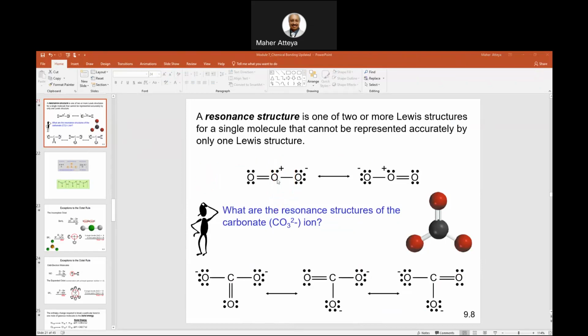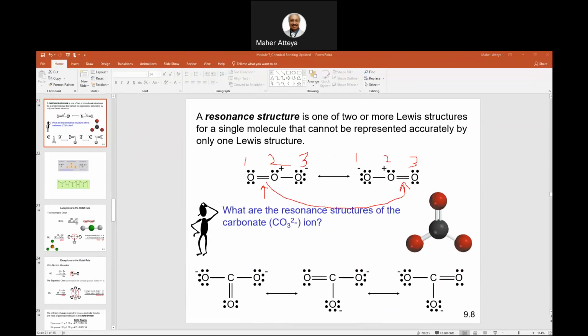Now, here is the same thing in a covalent bond. Here we have the same thing. Look at this. The double bond can be here. If you number them 1, 2, 3, now the double bond has migrated here. This migration of the double bond from here to here is called resonance.